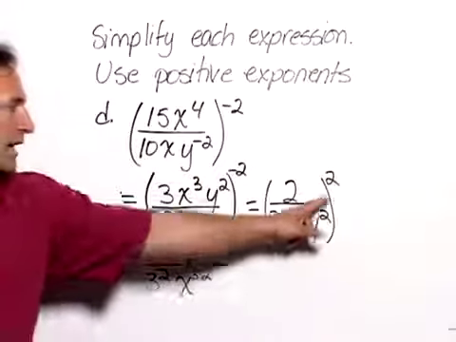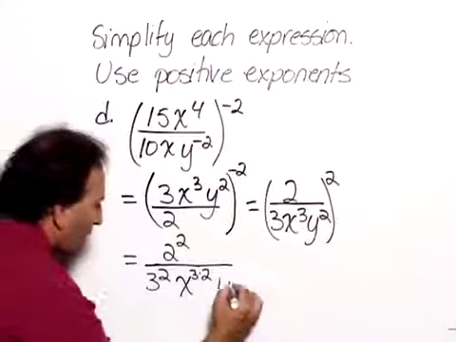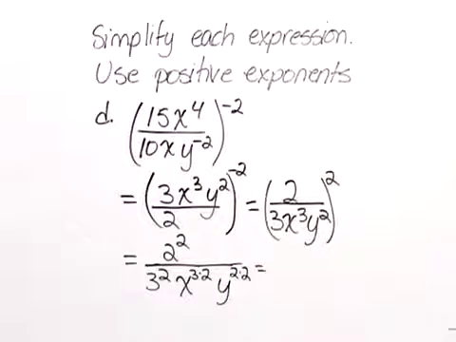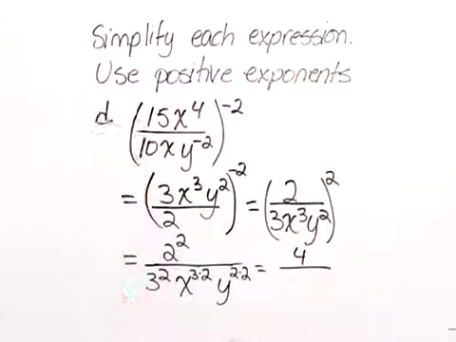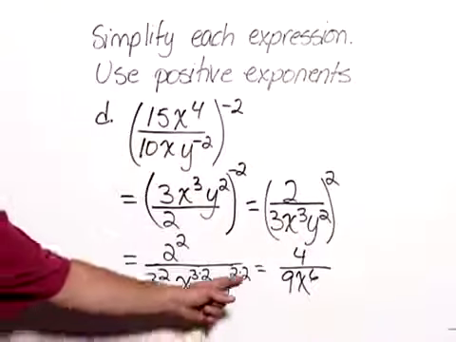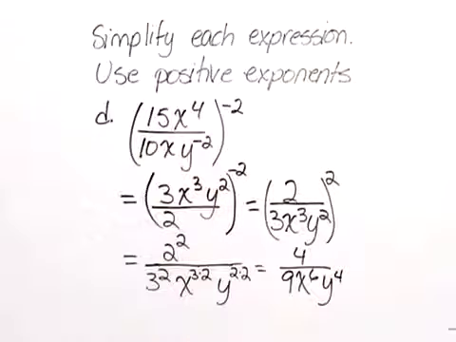Similarly, y squared and then that whole expression squared, we multiply the powers 2 times 2. Simplifying it now, for our final answer, we get 2 squared, which is 4, and then we divide that by 3 squared, which is 9. X raised to the 3 times 2 is x to the 6th power, and y to the 2 times 2 is y to the 4th, and that's our final answer.